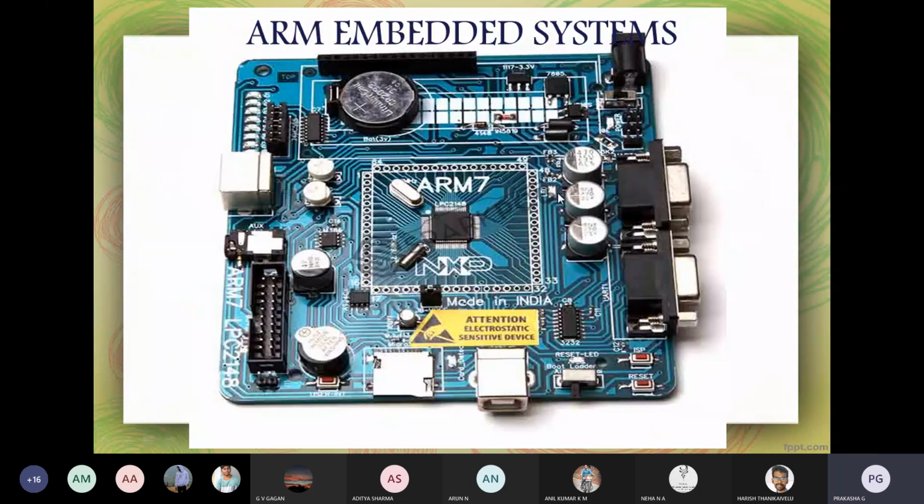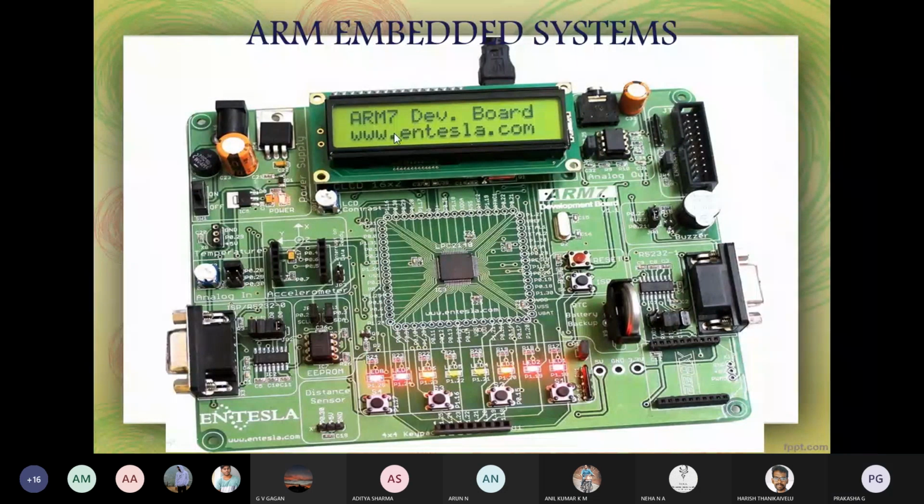See here, a small die, 1 centimeter by 1 centimeter. ARM7, which is there in your electronic PCB. It may be your Arduino board or something, a board by NXP, and your ARM LPC2148 has been embedded here. See here, there is one more ARM embedded system.